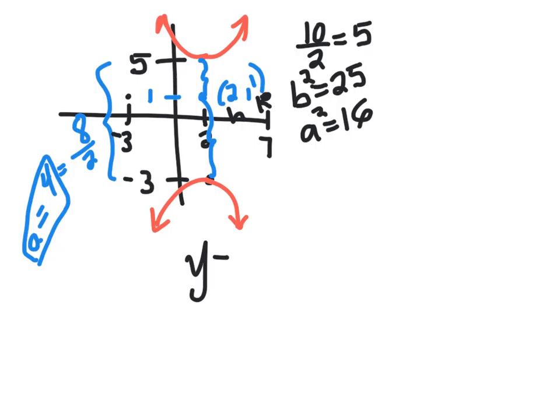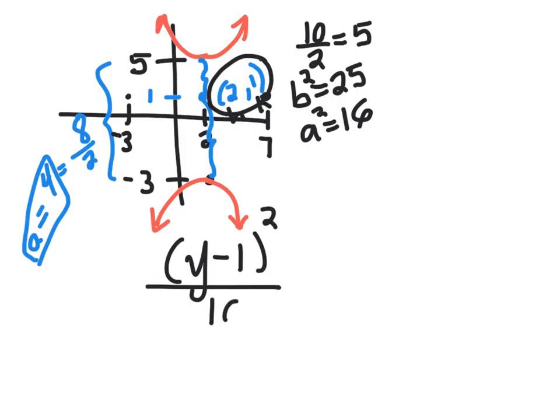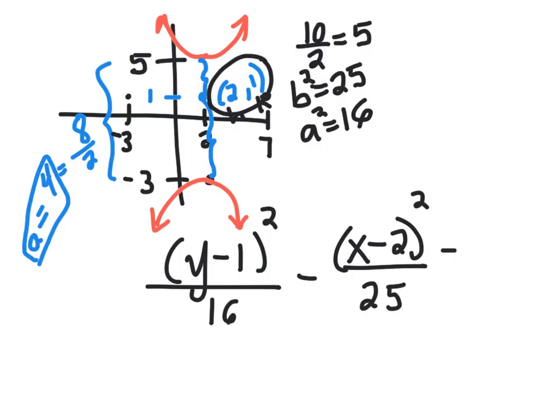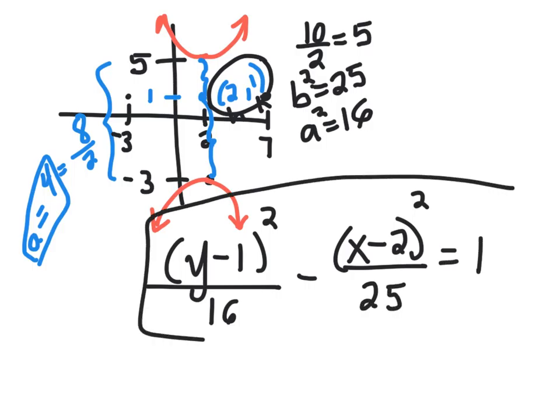And the K is on the center. (y - 1) squared over A squared, which is 16. It's a hyperbola, minus (x - the H, which is 2) squared divided by B squared, which is 25. And that equals 1.